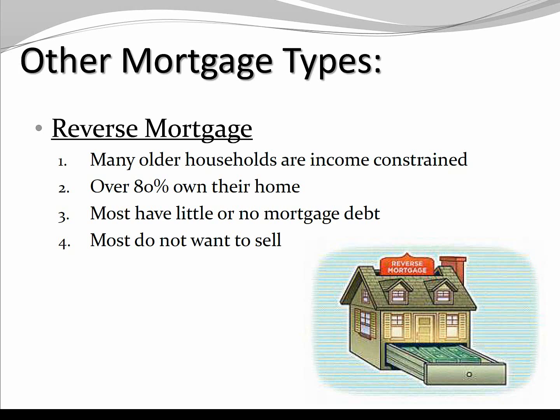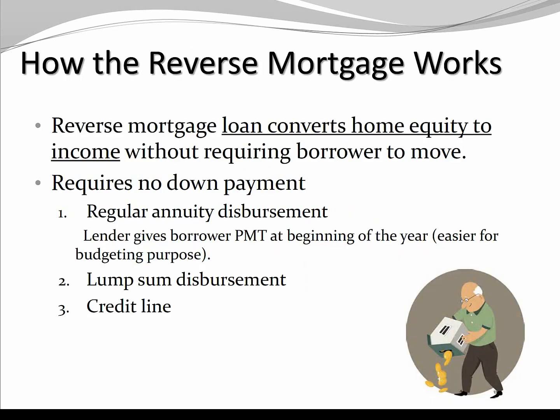Most seniors have very little or no mortgage debt, and they do not want to sell their home. So what they can do is get a reverse mortgage loan to convert the home equity to income without moving out of their property. In this case, they can have extra income every year to spend.